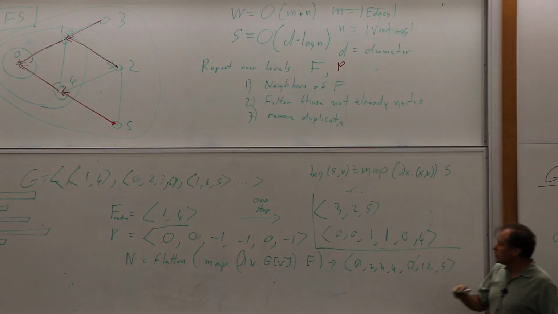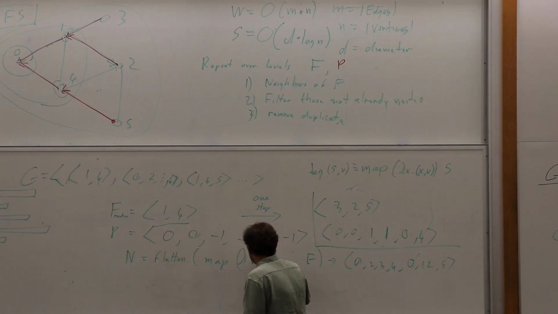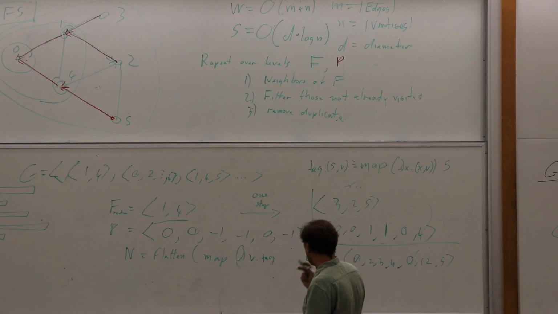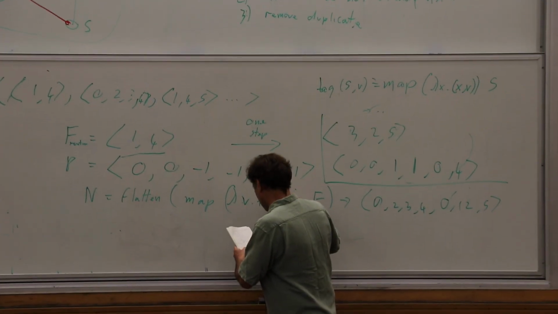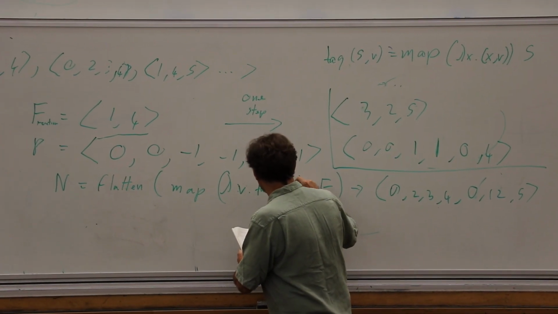Okay, so what I'm going to do is I'm just going to wrap this with a tag. I'm going to tag the neighbors of graph of v with v.